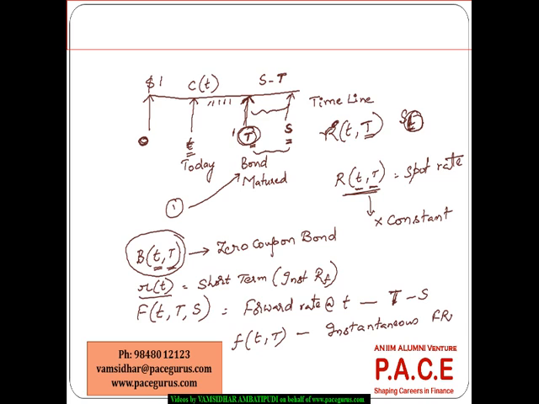Because for a shorter term maturity, the interest rate could be different, and for a long term maturity, the interest rates could be different. So that's one major area which makes the modeling of the interest rate slightly more complex compared to the modeling of the stock prices.